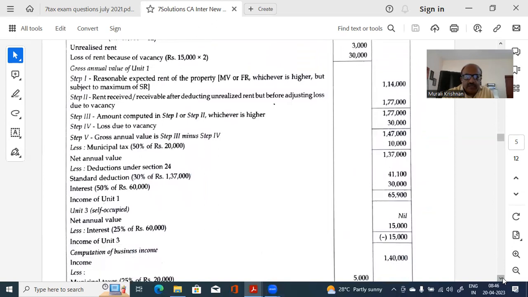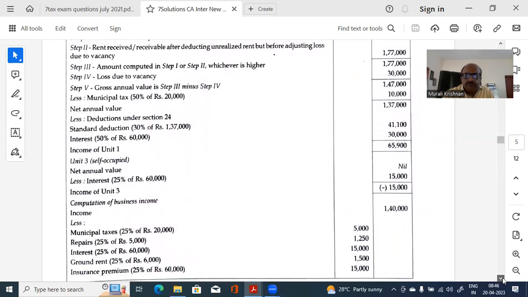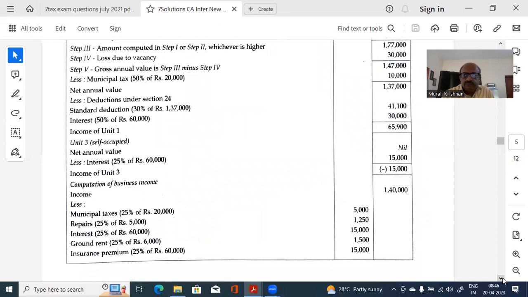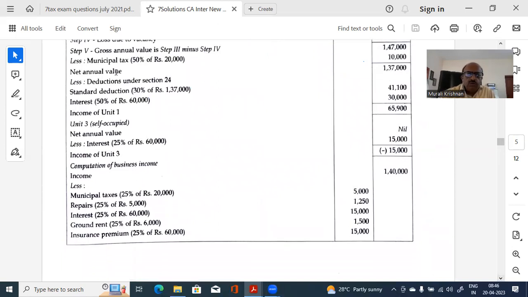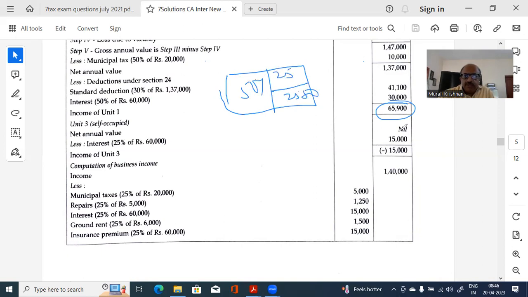Now let us look at the other part. So if you look at the let out, it is 50%. Now we are looking at this 25% self-occupied. It is nil. Deduction is 25% of the 60,000 interest.